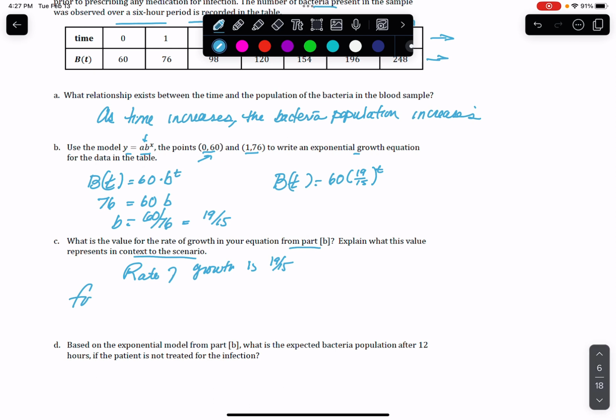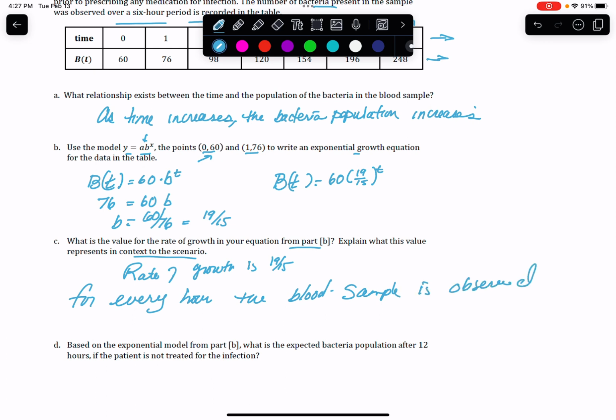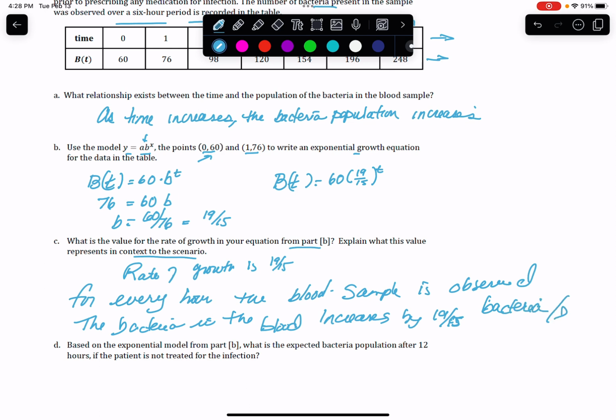So for every hour the blood sample is observed, the bacteria in the blood increases by a factor of 19/15 per hour.